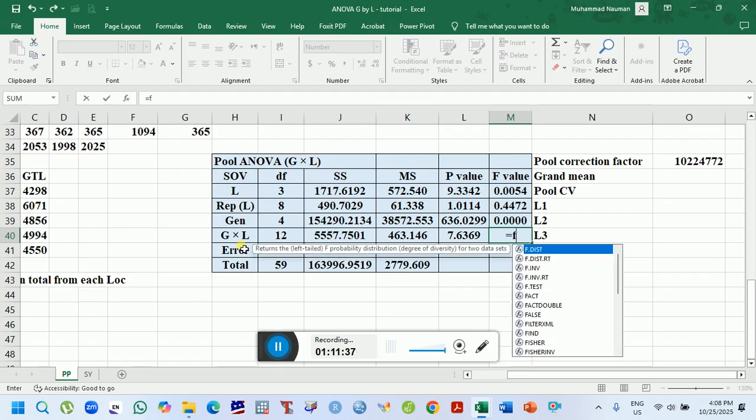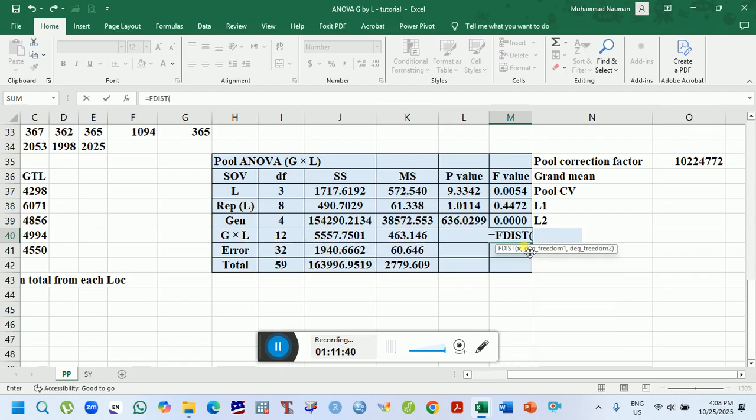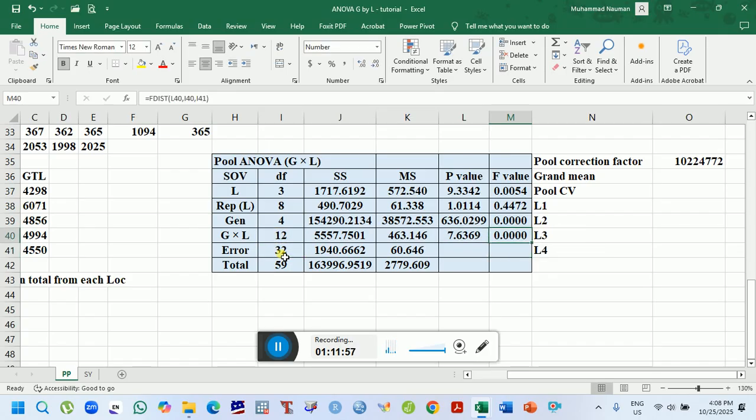It is equal to F.DIST.RT, genotype by location p-value, comma, its degree of freedom, comma, and then the error degree of freedom. So this is significant. Now we can pursue the stability analysis to know which variety is more stable.